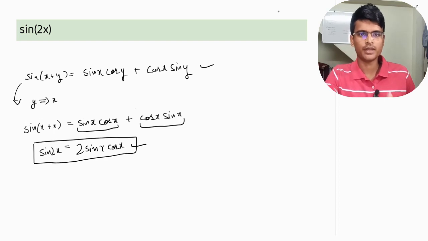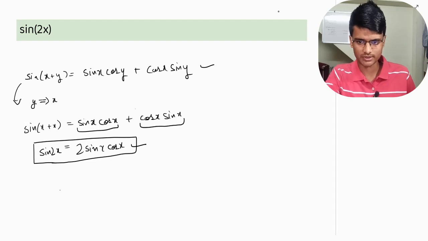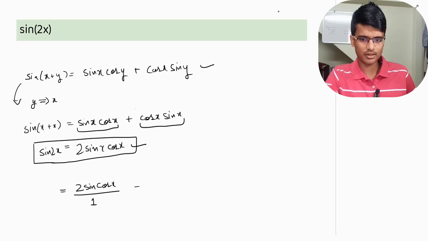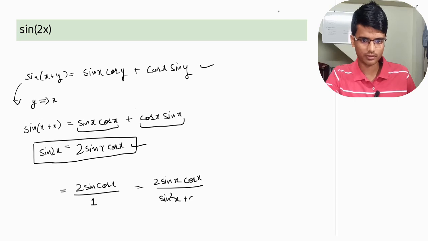In terms of other trigonometric functions also, we can define sin 2x. In the denominator, we know there's a 1 sitting here. I can replace that 1 with sin square x plus cos square x. Now listen to me.